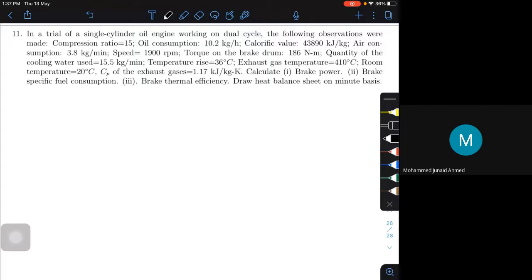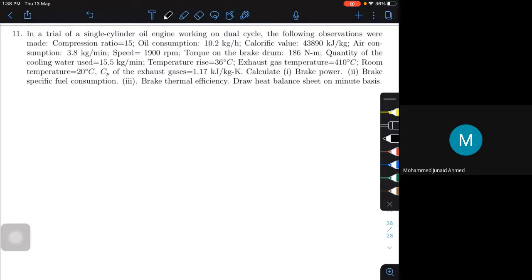Speed 1900 rpm. Torque on the brake, directly they are giving the torque, which is 186 Newton meter. The quantity of the cooling water used is 15.5 kg per minute. Temperature rise of the cooling water, that is delta T, is 36 degrees Celsius. Exhaust gas temperature is 410 degrees Celsius.